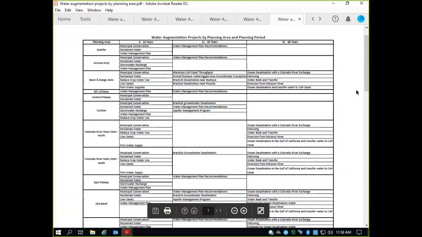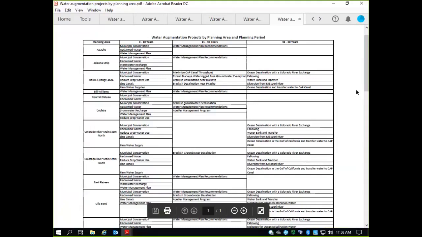My concern about the Missouri River one is that there is an official discussion going on about ocean desal for Arizona. I worry about the optics of an official committee in Arizona starting to talk about taking water off the Missouri River and moving it across the country to Arizona.